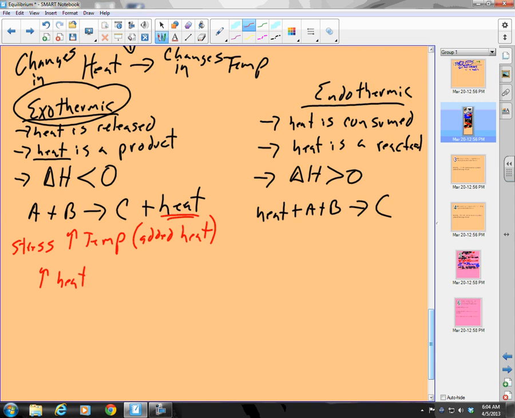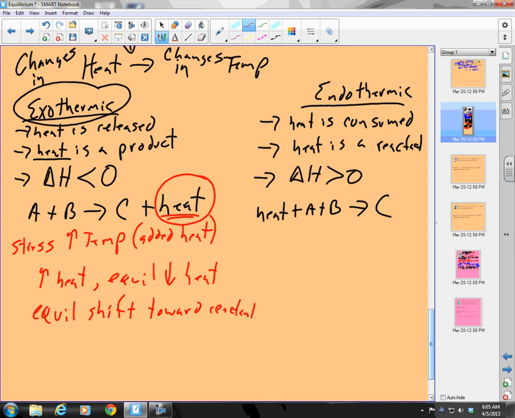So what does equilibrium want to do? Decrease heat. How is it going to decrease heat? Well, heat is a product, so my equilibrium will shift toward reactants. It wants to consume this, so that means the reaction has to go in that direction. We better make these two-way, right?